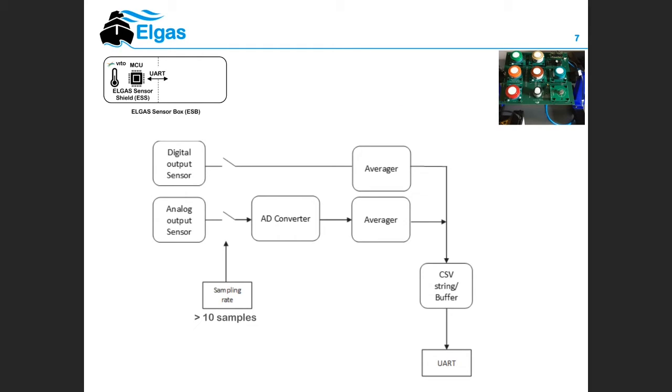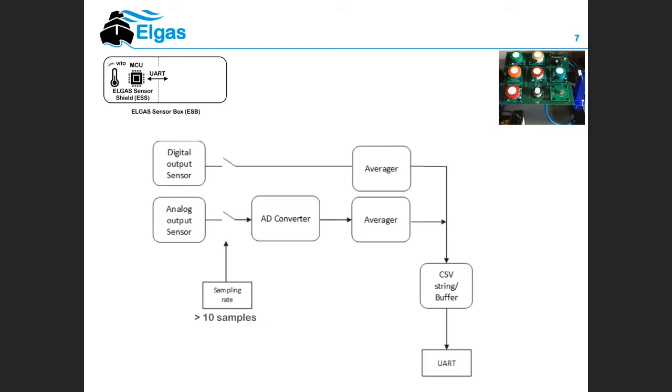This is the schematic. As I mentioned already, all the logic and all the driving and acquisition of the signals is built in this sensor shield. And this slide represents an overview of the algorithm, all the logic which takes place inside the sensor shield to acquire the signals from the sensors.